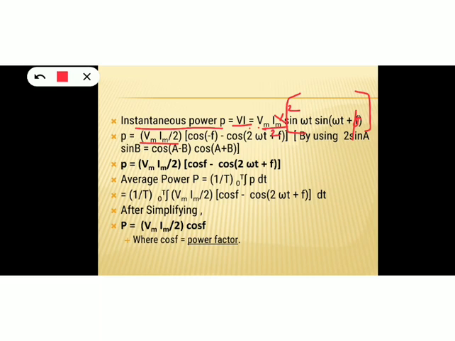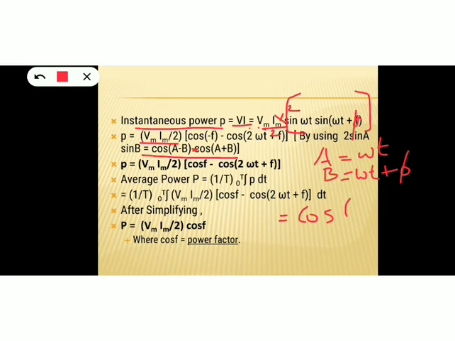This is in the form of 2 sin A sin B. So what is 2 sin A sin B? It is cos(A minus B) minus cos(A plus B). Here A is omega t and B is omega t plus phi.